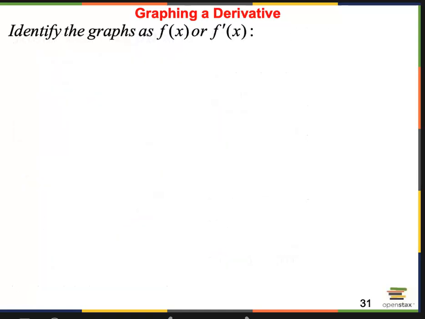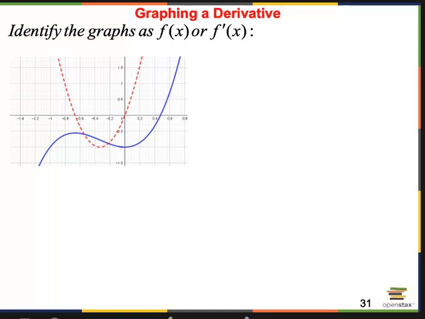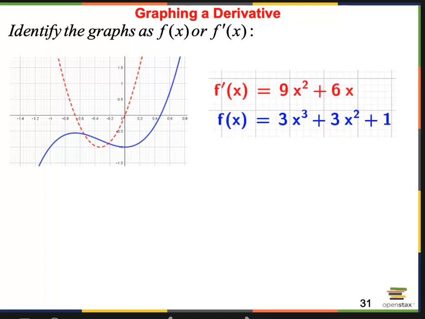So let's look at this function, f of x and f prime of x. So we have 9x squared plus 6x, so that is our derivative. Okay, so f prime of x is our derivative, and f of x is the original function.